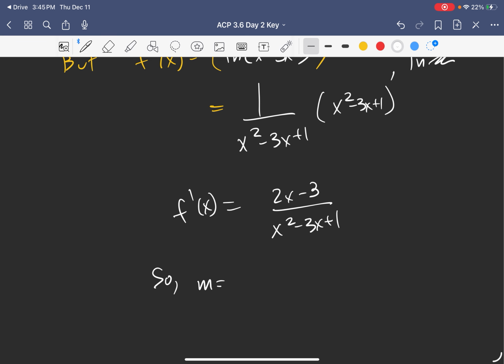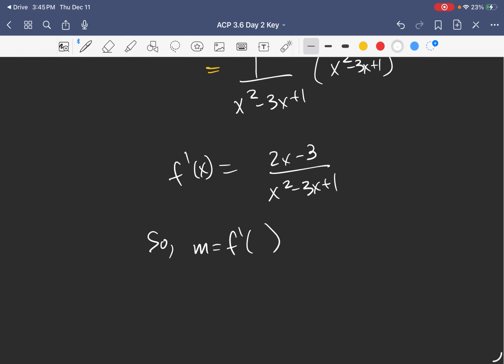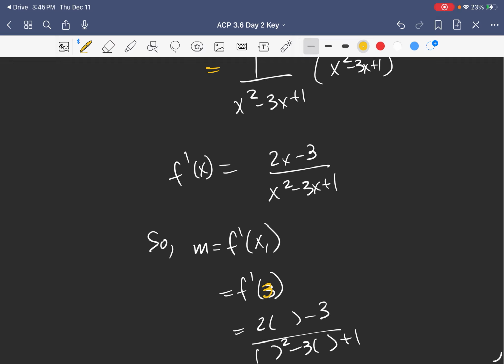So my slope is the derivative plugged in at x1, but x1 is 3. So if I take this, and everywhere there's an opening I plug in a 3, then it turns out that when you take the derivative and evaluate at 3, you end up getting 3.